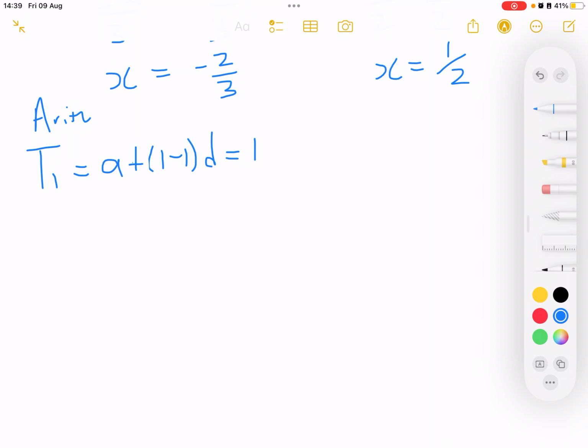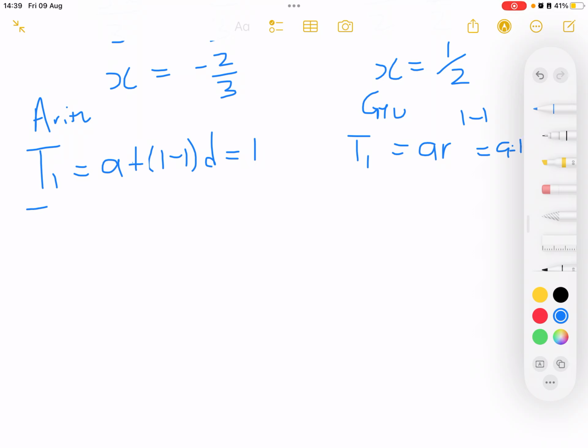This is the same as T1 of the geometric, which is equal to a r to the power of 1 minus 1, which just gives us a, and has been given the value of 1.